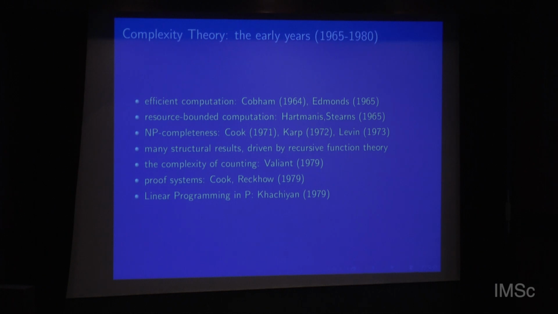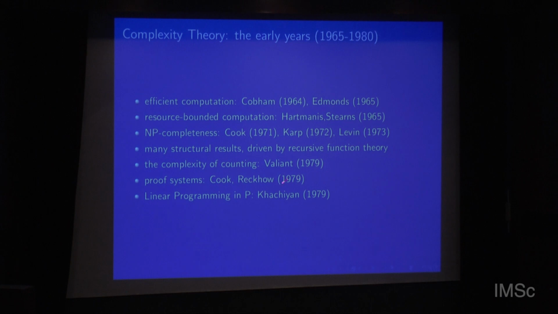If I give you magically a way of solving this, then does something else still remain hard, or does it become easy? These were notions which came from recursion theory, and we were looking at them in this context of resource bounded computation. Then towards the end of this decade, Valiant started looking at the complexity of counting, which is very different from just checking whether there is a solution to some problem. You want to know how many distinct solutions there are.